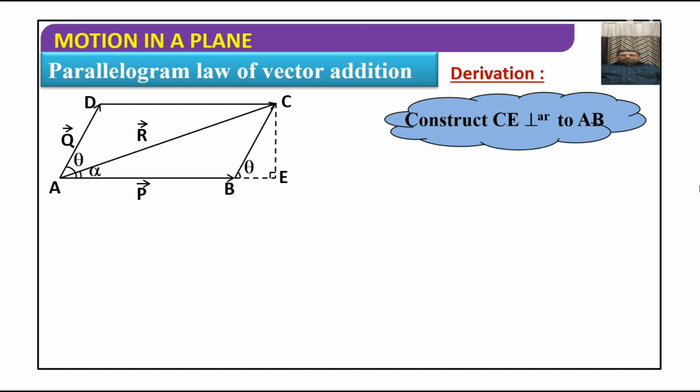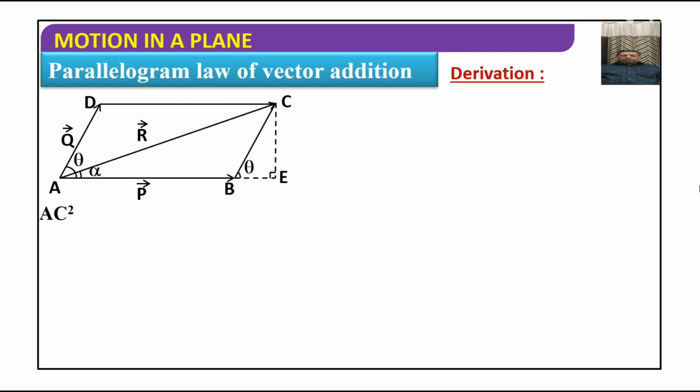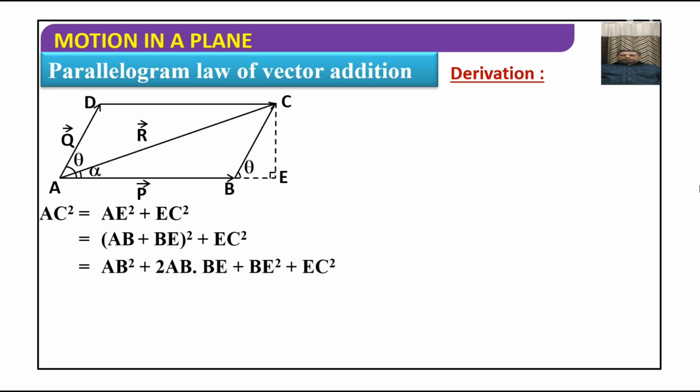AC square, that is hypotenuse square, is equal to base square plus perpendicular square. AE, which is made of the two parts AB and BE, the whole square, plus CE square. Now (A plus B) square is A square plus B square plus 2AB.